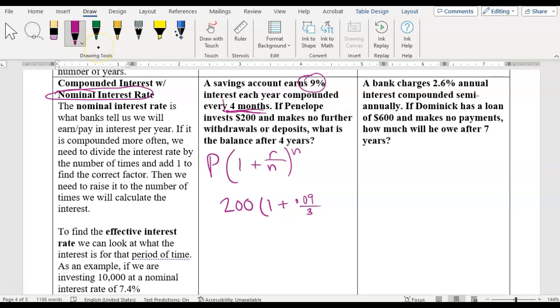Notice every 4 months, it's not 4 times, that's 3 times a year. And then we raise that to the power of 3. However, it also says she's doing this for 4 years, so we raise it again to the power of 4. So now we can write this as 200 times 1 plus 0.09 divided by 3 to the power of 12.